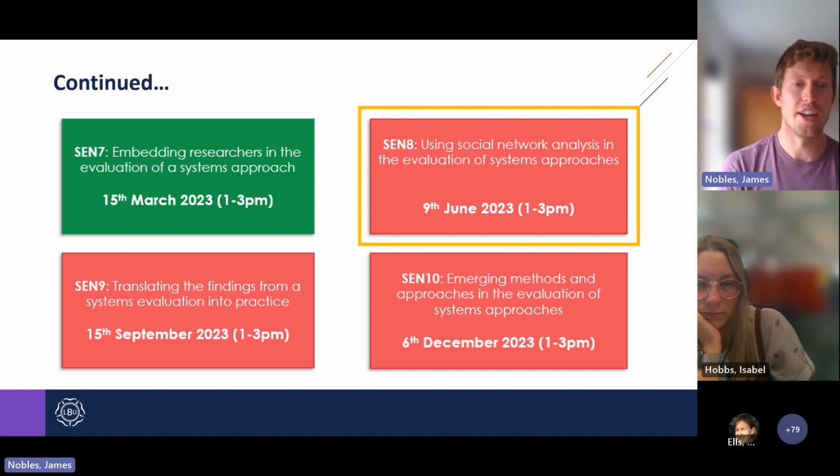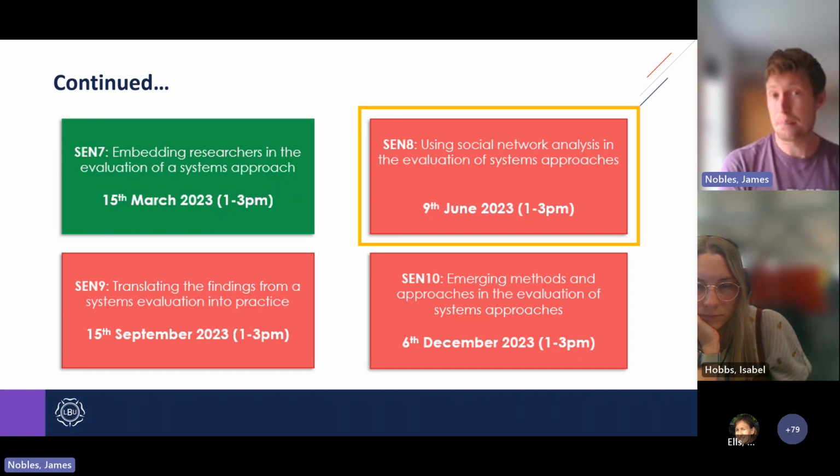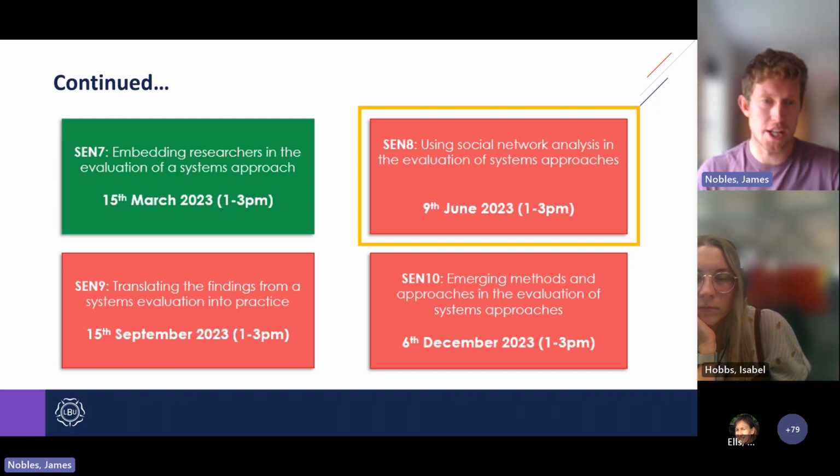The next two sessions are also planned, which take us up until the end of this year. So it's a really useful network. It's quite informal, and I think because of its informal nature, it enables people to have quite honest conversations amongst a wide range of stakeholders from different organizations.